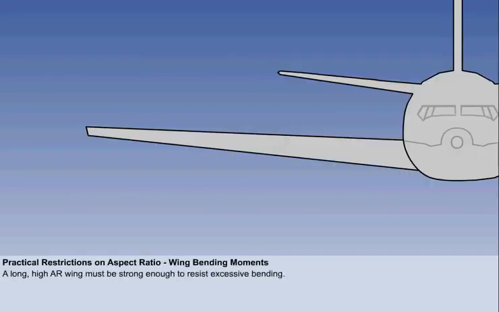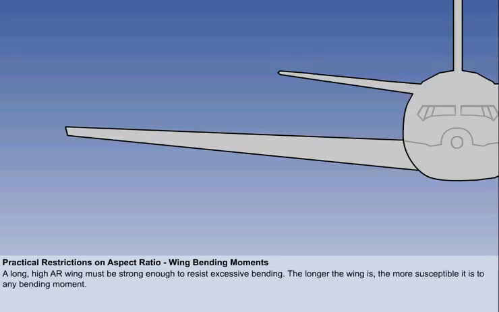From a practical point of view, there are restrictions on the aspect ratio of the wing in designing an aircraft. A long high aspect ratio wing will impose weight limits on the structure's strength, needing to be rigid enough to resist excessive bending. The longer the wing is, the more susceptible it is to any bending moment.